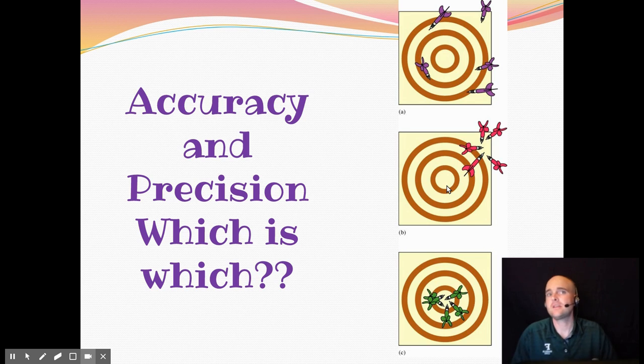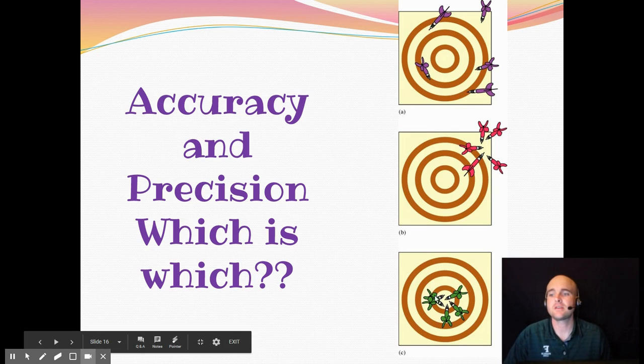To fix that, you could either move the darts to the bullseye or move the bullseye to the darts. That would be the chemistry equivalent of calibrating your instrument. Say your pH meter is always reading 6.5 when it should be reading 7, you can recalibrate it so it bumps back up to 7, or you move that target. This one down here is accurate and precise since all the darts are at the bullseye and close together.